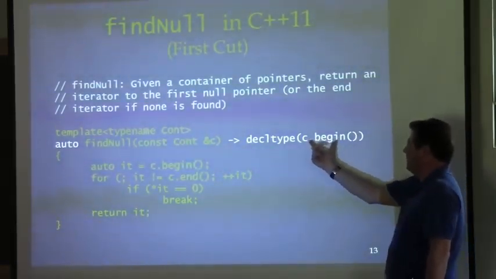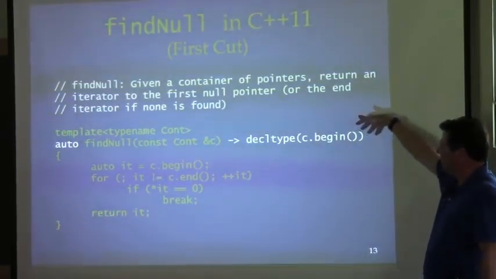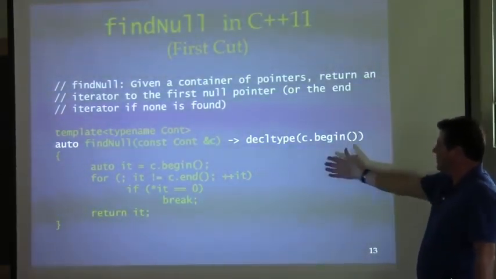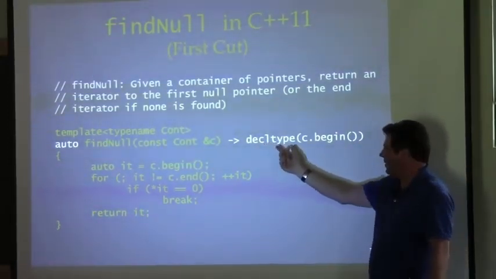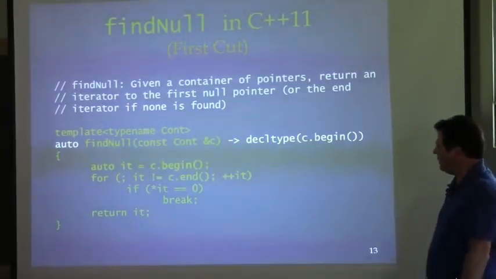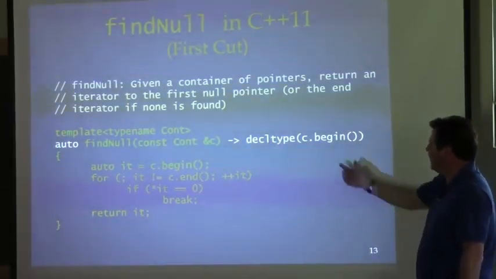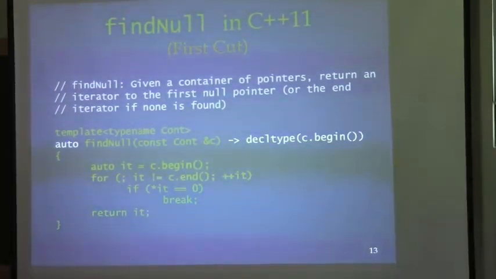Again, we don't have to worry about this having the overhead of calling the function because this is just determining type. Think of it as analogous to sizeof. It's actually analogous in a lot of ways, where it's all a compile time operation. There's no runtime cost to that. So whatever cbegin returns, that's what findNull returns. And so far we haven't changed anything else. So that's just applying the trailing return type.